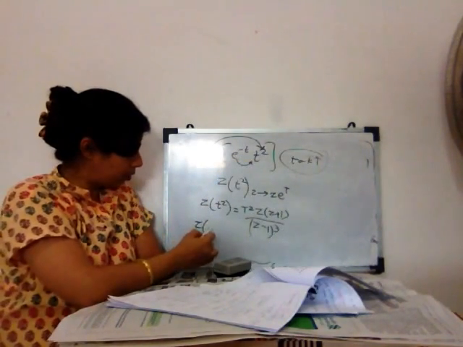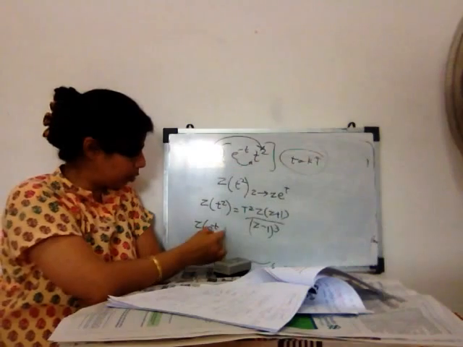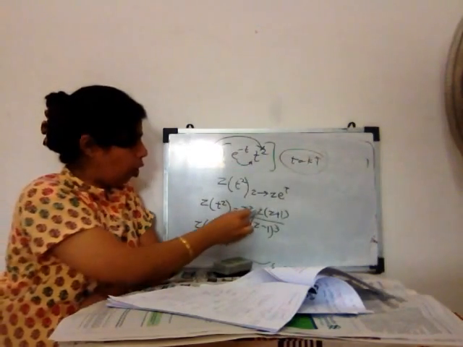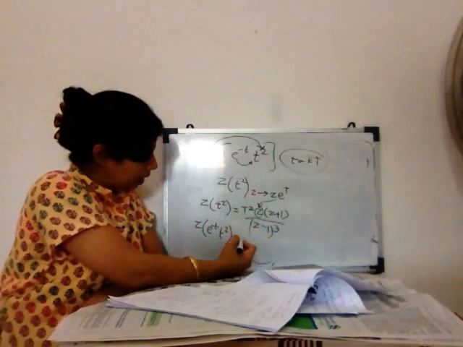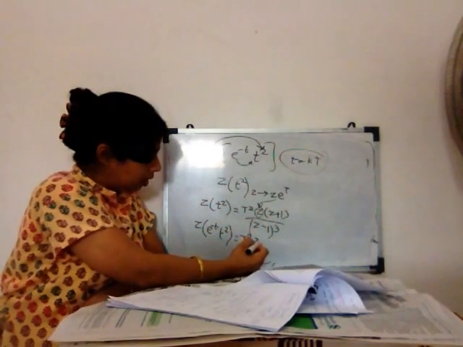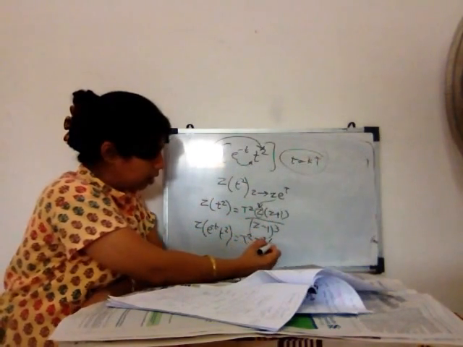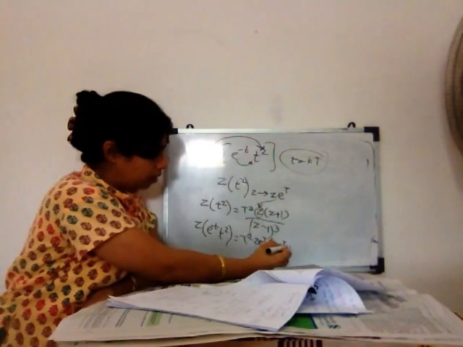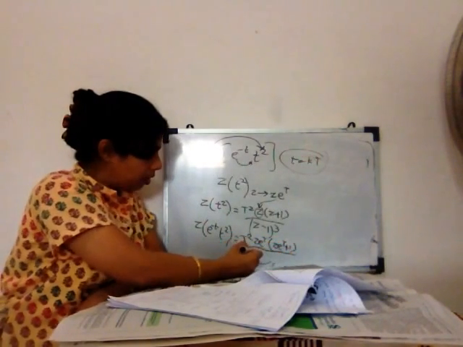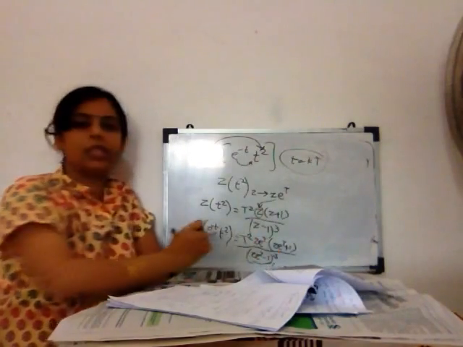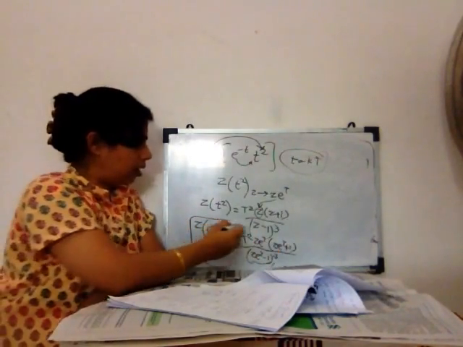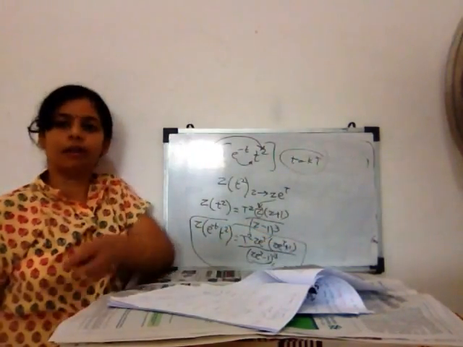So it is given by replacing z with this term. When we replace, this is t square, z e to the power t, z e to the power t plus 1 upon z e to the power t minus 1 whole cube. This is our required z transform of the given function.